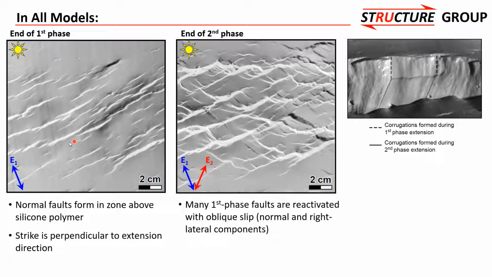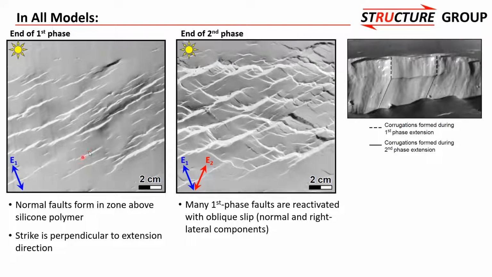So for example, if you just look at a fault trace approximately in here, and you compare it to the second phase photo, and the size of the fault and what we're seeing exposed on the top of the clay cake, you can see that the fault heave has definitely increased. And you can also see there are lines on the top of the clay cake.